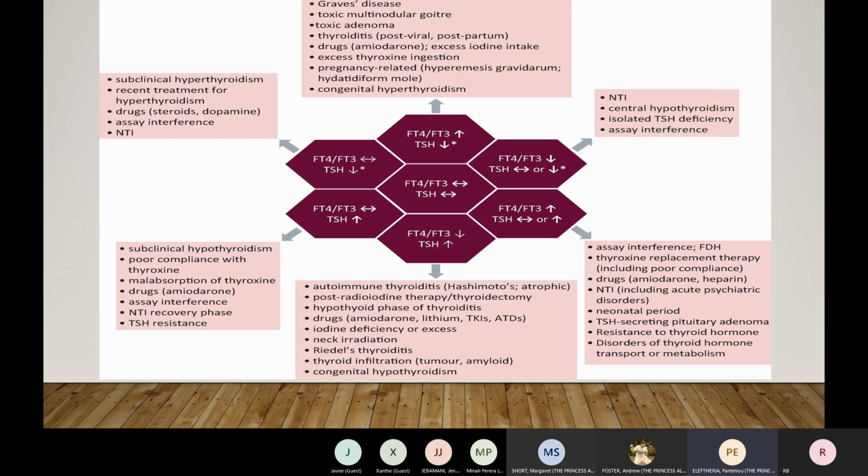And this lady actually falls into the middle hexagon. This is where we started from, saying that this is the hexagon that represents normality. T4, T3 are normal, TSH is normal. So the patient should be feeling well, but she's not. And that comes back to the way we interpret TFTs.